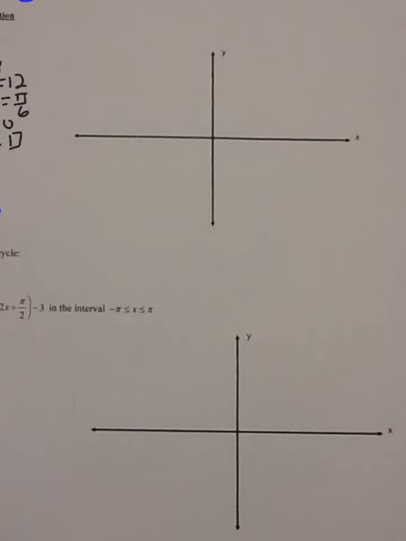All right, so I have 1, 2, 3, 4, 5, 6, 7, 8, 9, 10, 11, 12. Okay, so start labeling them.